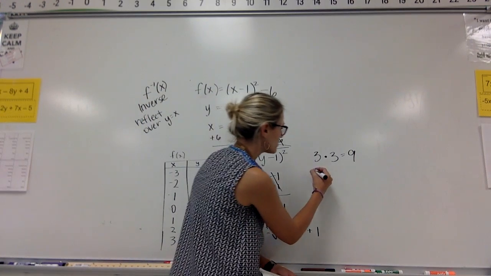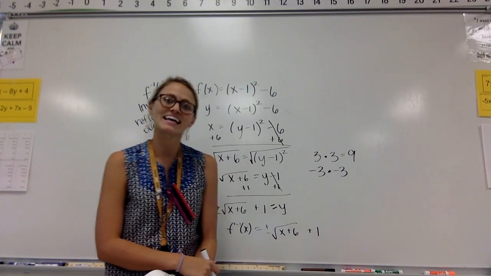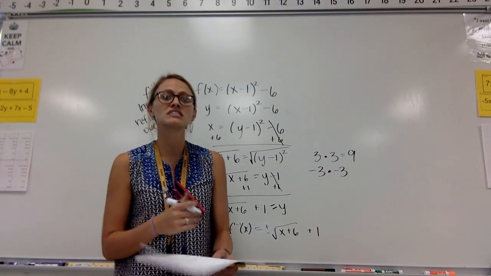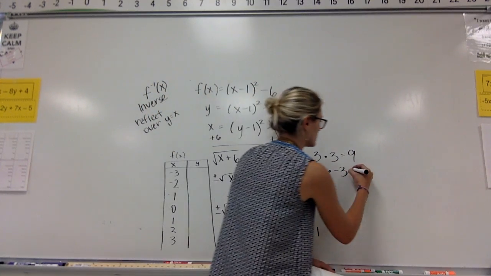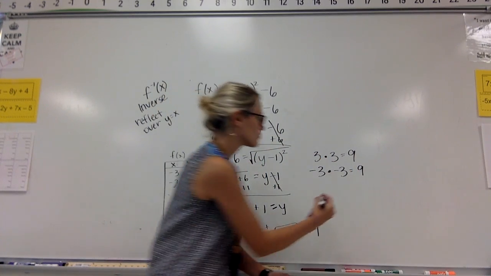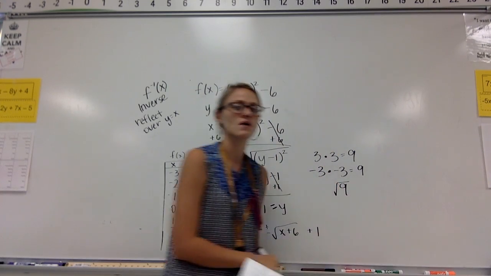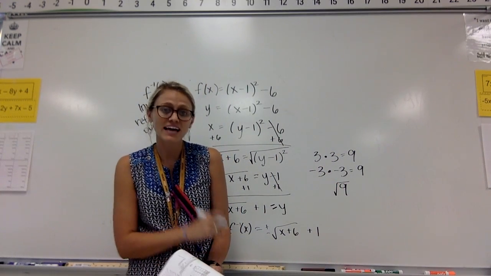Okay? You can also do negative 3 times negative 3, and you still get a positive 9. So the square root of 9, it has 2.